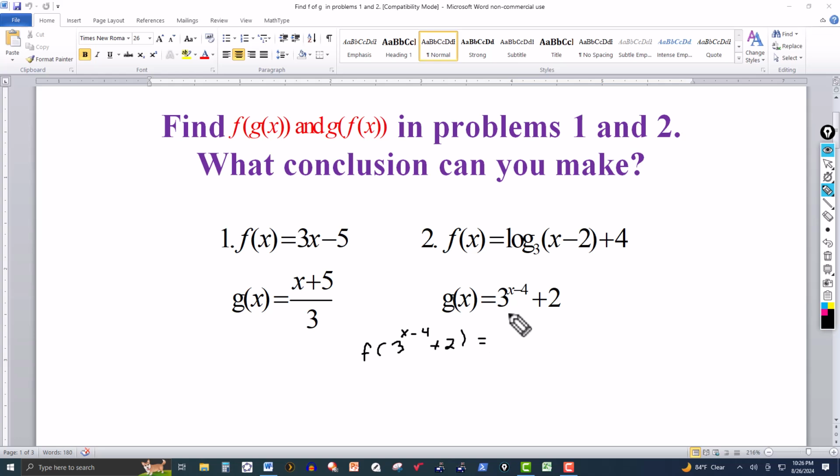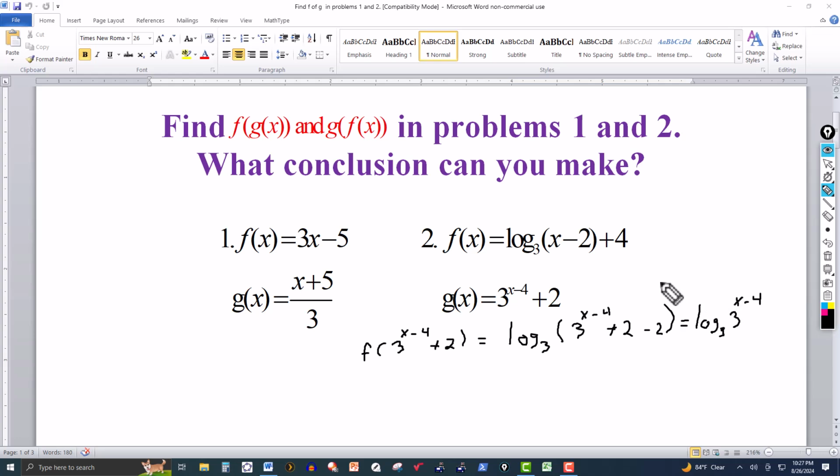So this is equal to the log to base 3, and you replace the x by 3 to the x minus 4 plus 2. 3 to the x minus 4 replaces the x here, and then you have the minus 2 there. So the 2 and the minus 2 cancel, so this gives me the log to base 3 of the exponential 3 to the x minus 4.